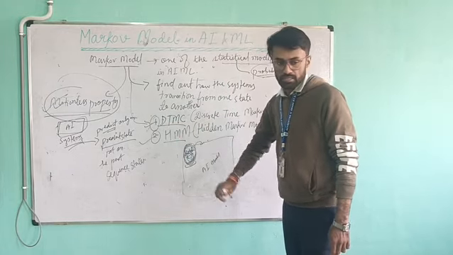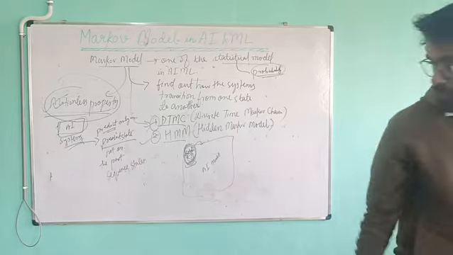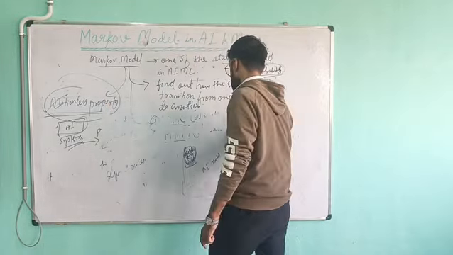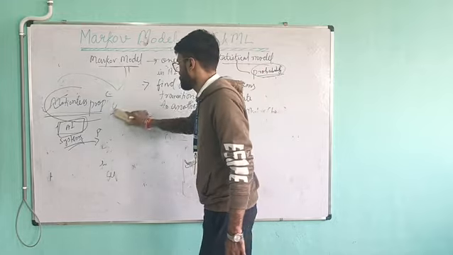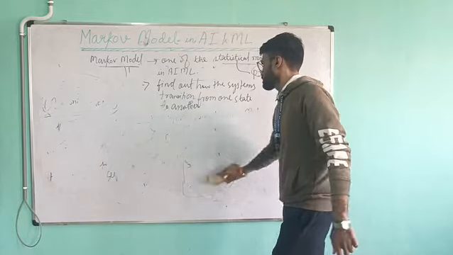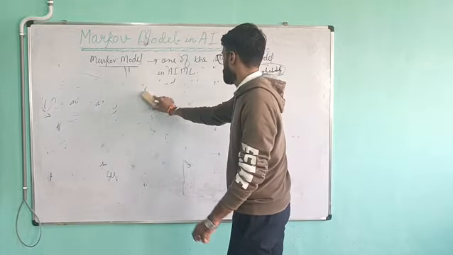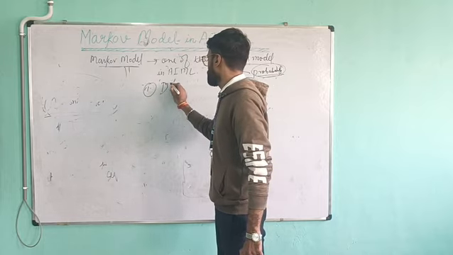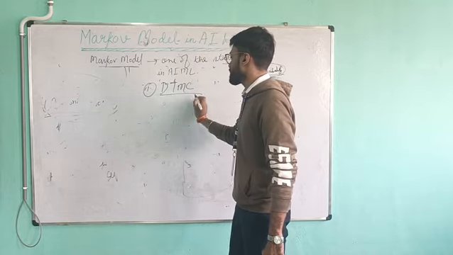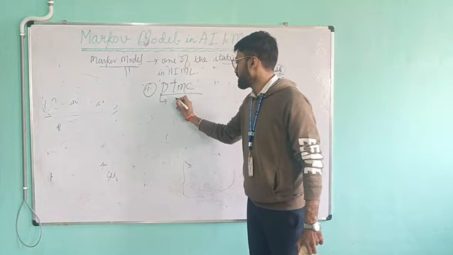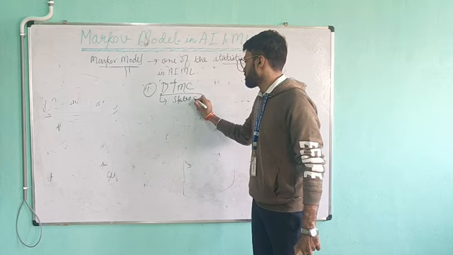That is DTMC. So what is the main definition of DTMC? DTMC stands for discrete time Markov chain. It means here the states are visible.